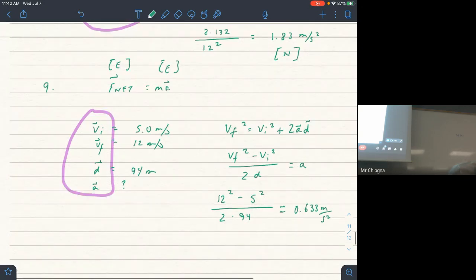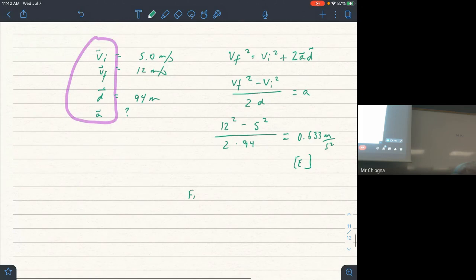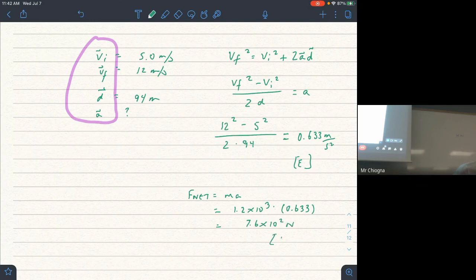And yes, it's east. You'd end up with a positive value, so it's east. So your force is east. 760, east or positive.